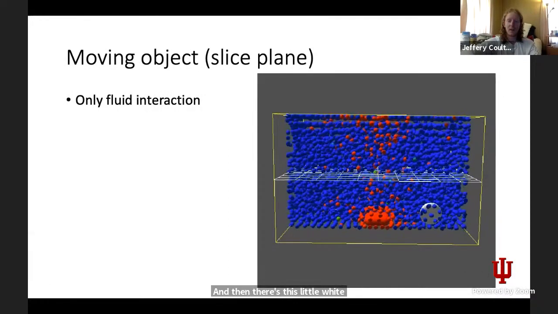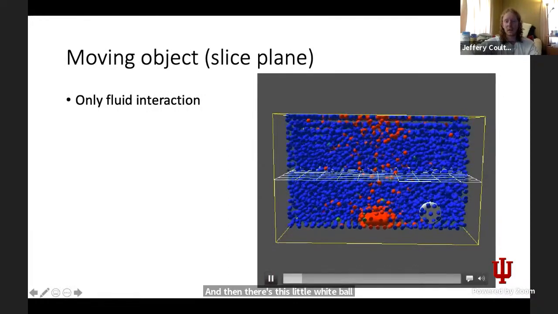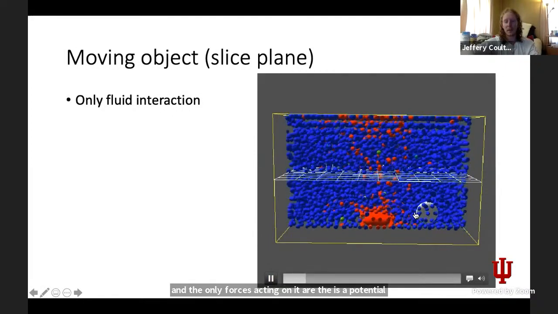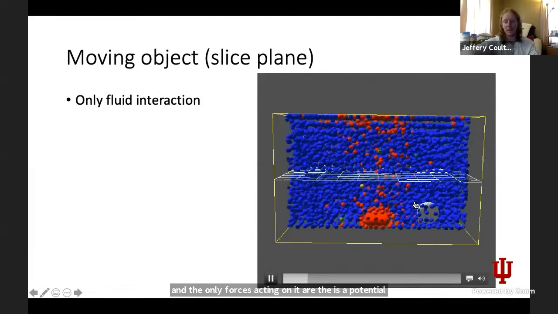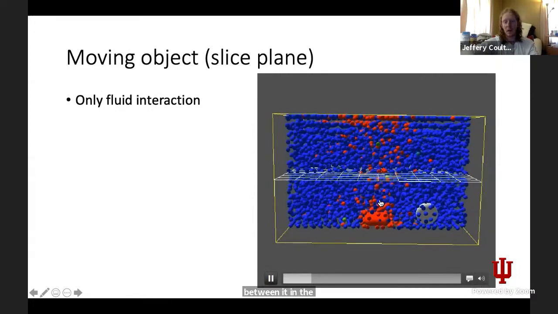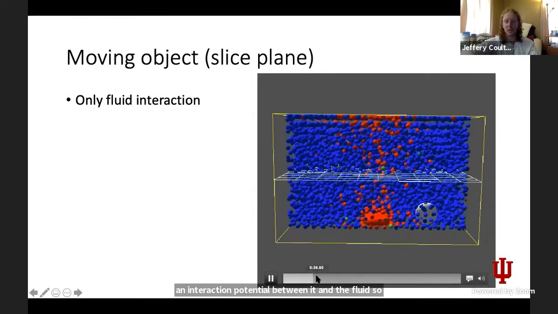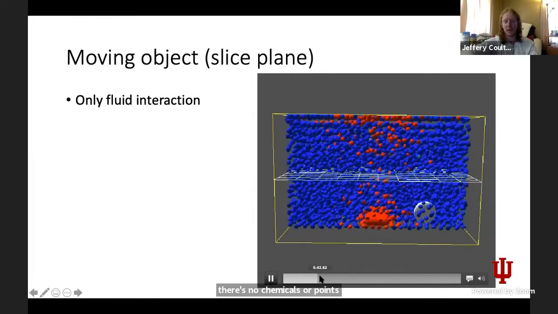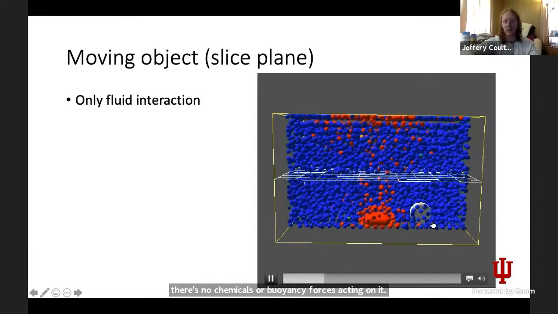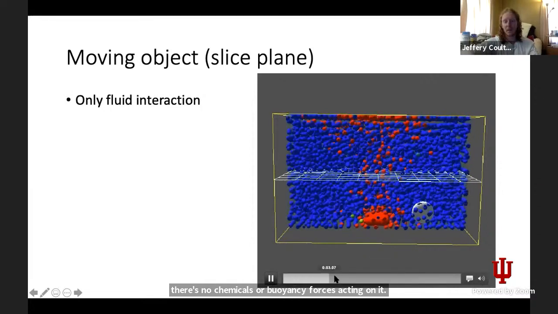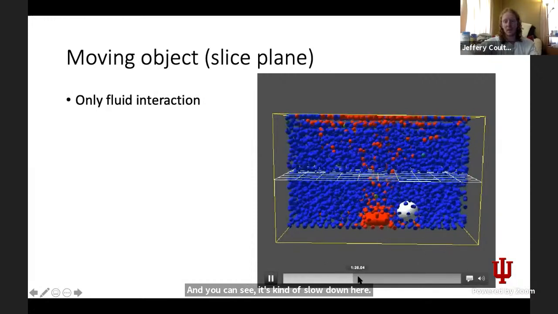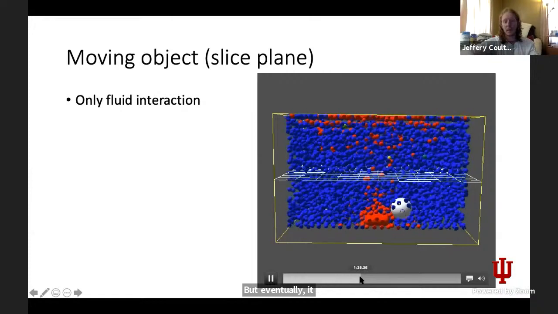The only forces acting on it are an interaction potential between it and the fluid, so there are no chemicals or buoyancy force acting on it. You can see it slows down here, but eventually it will move over and get up here.